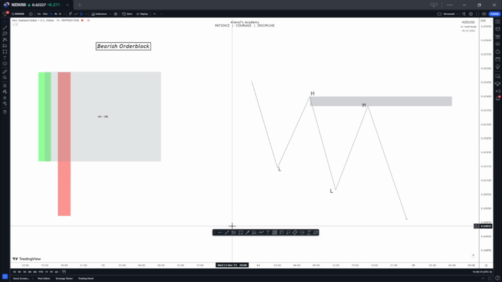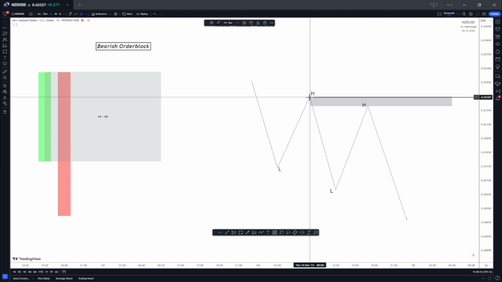This is going to be more technical, but ICT traders believe that when price reaches this high, to form this high, the banks place a lot of money here. So let's say they have placed a 5 million lot trade here. This is just an example.